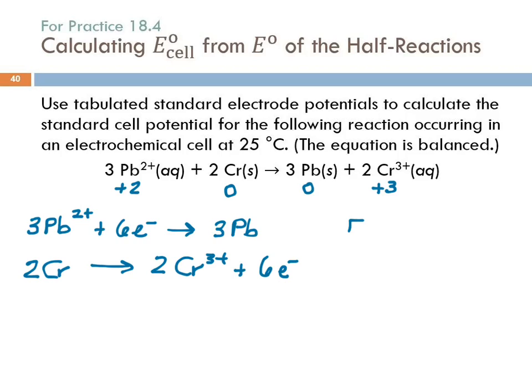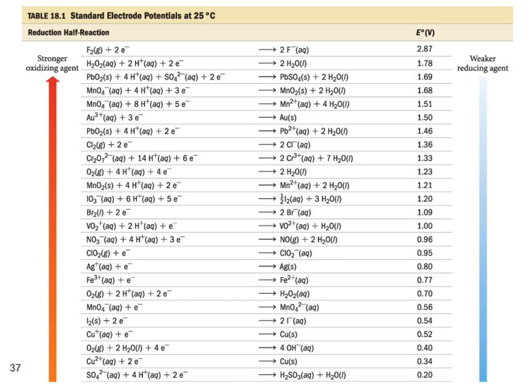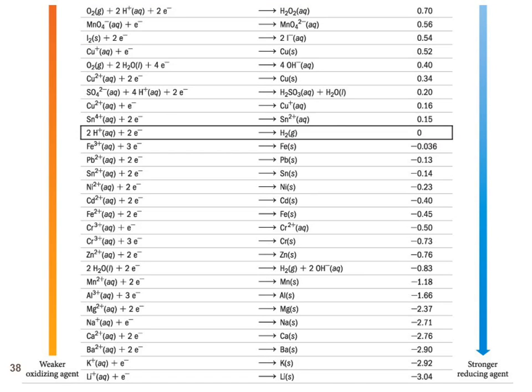So E0 equals minus 0.13 volts. Let's see if we can find chromium in here. Yeah, I think it's down here. Right there. So chromium 3+ plus 3 electrons going to chromium solid.